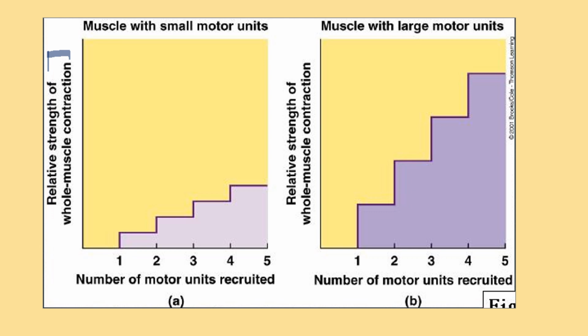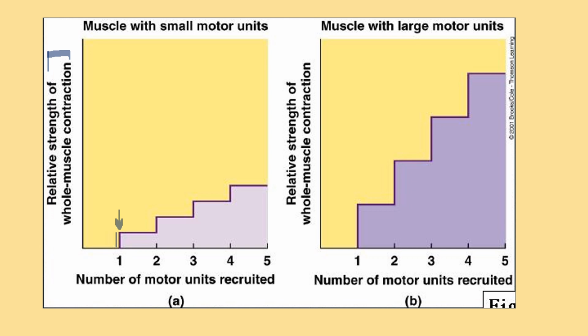Let's start with activating motor unit number 1. When we activate just one motor unit in this muscle, we get a step up in the total tension, right? Because this certain number of muscle cells begin to contract, and as they all contract and the other muscle cells remain relaxed, we get this level of tension that can develop. And let's say we need more tension.